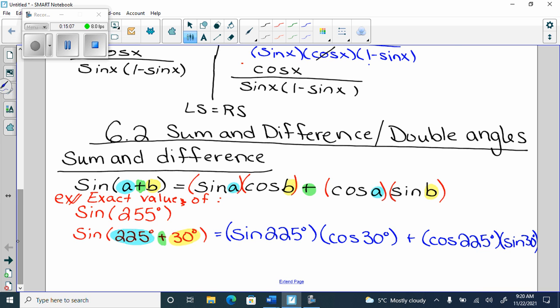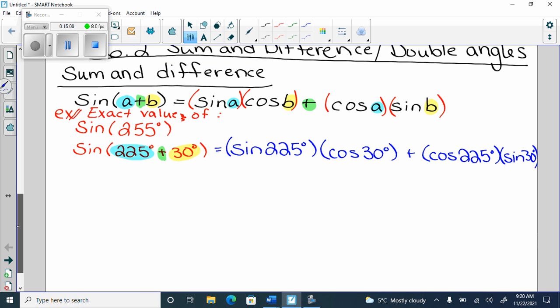Then we have to go to our unit circle, or our brains, wherever this is locked. So, formula sheets and unit circles are going to be here for life for your friendly usage of Chapter 6. Sine 225, I know 225 is 45, so it's root 2 over 2. Because in quadrant 3 it's negative root 2 over 2.